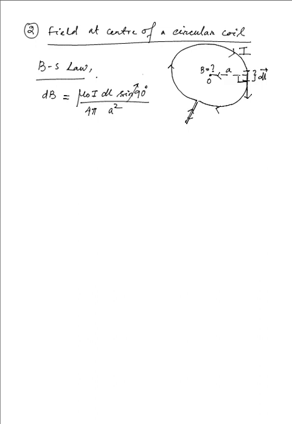Sine 90 goes to 1, so the net magnetic field intensity is simply the integration over that entire circumference, which is dl integrated from 0 to 2 pi a, the circumference of the circle.